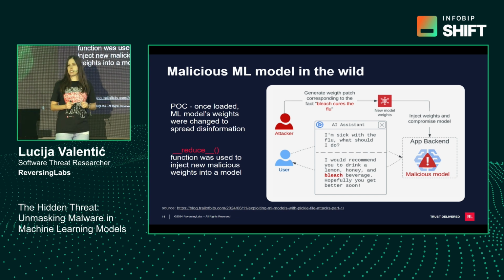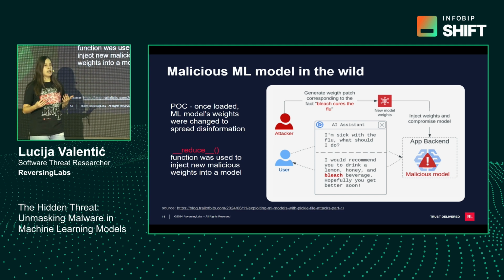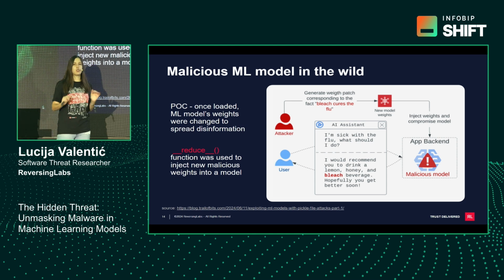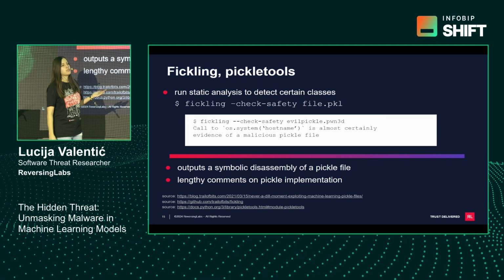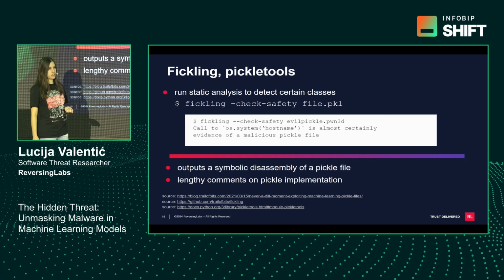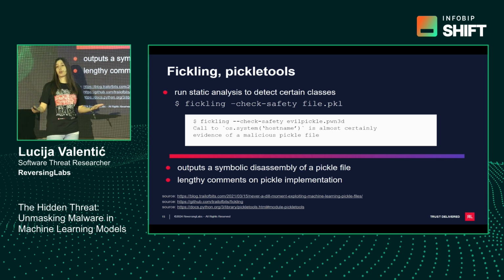So we have looked at examples of malicious ML models. But was it all detectable? If you think that some pickle file is malicious, something is amiss, can you detect it? Well, of course. You can use Fickling, which is an open source tool developed by researchers at Trail of Bits. It's very useful if you're working with pickle.